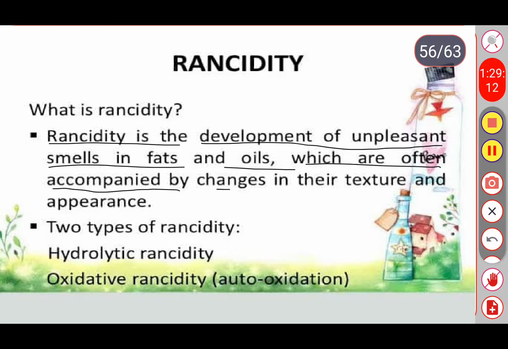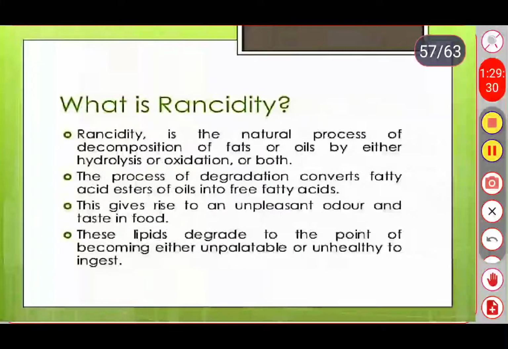So here some definitions are given related to rancidity. First one is, rancidity is the natural process of decomposition of fats and oils by either hydrolysis or oxidation or both. The process of degradation converts fatty acids, esters and oils into free fatty acids.